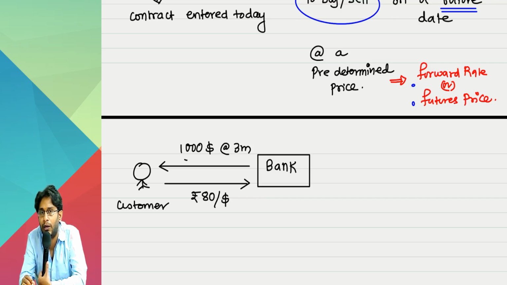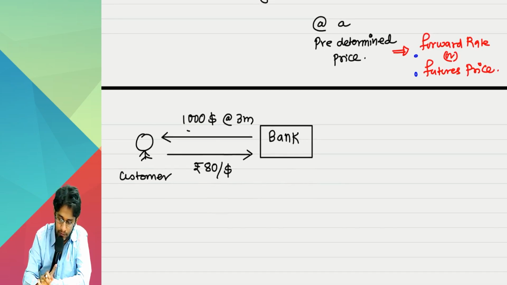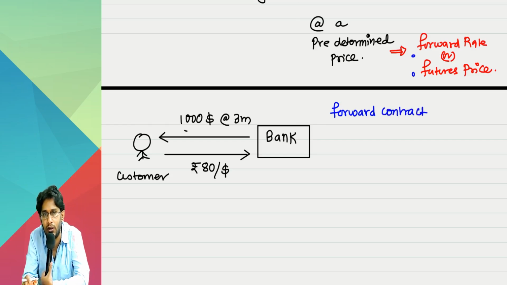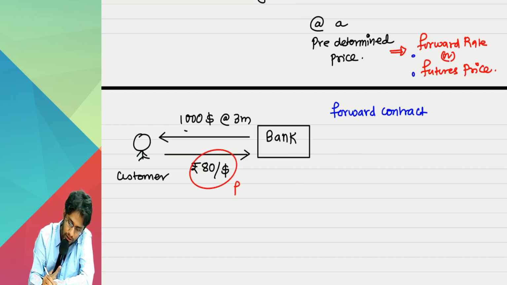Who is agreeing to buy? Customer. Who is agreeing to sell? Bank. This is a classic example of a forward contract. The same contract you can enter on a stock exchange also. In that case we will not call it forward, we will call it futures. The price is already locked in. What is the price? 80. This is called your forward rate.